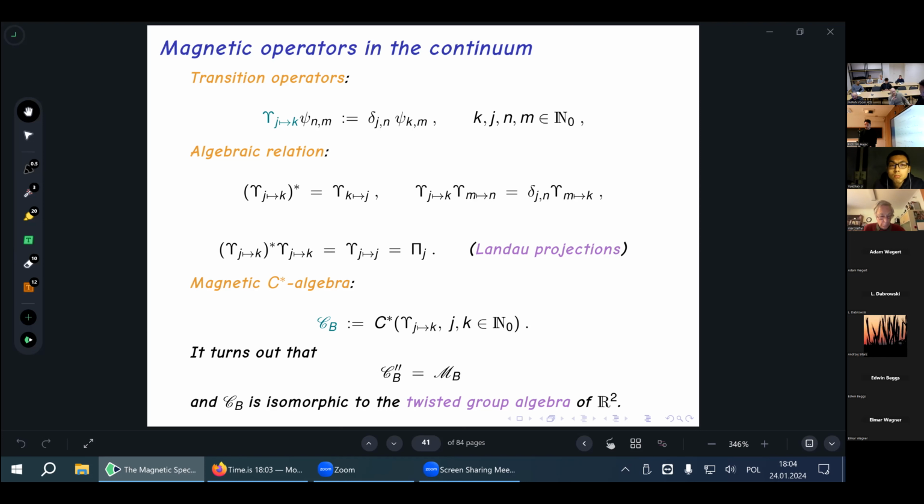Can I ask a question to Piotr? Isn't it a graph algebra? Which one? This generated by gammas. Yes, this is the C-star algebra that you associate to a graph which is the joint point. But what's the graph?